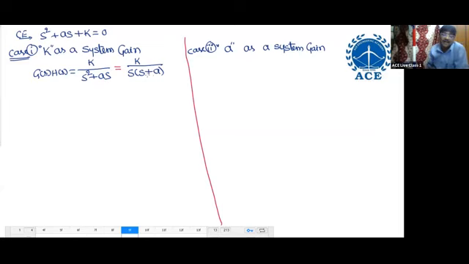Now draw the diagram. Number of asymptotes: 2. Angle of asymptotes is 180 by P minus Z. P minus Z is 2, so 180 by 2 means 90, and multiplying with odd numbers gives 270.